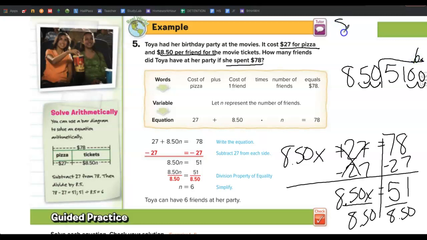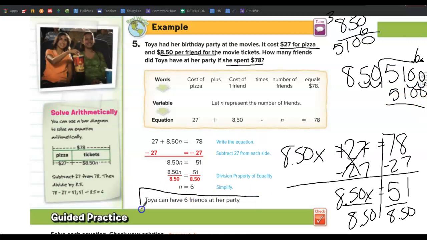So guess and check. 850 times 6. 6 times 0, 6 times 5, 6 times 8. 48 plus 3, 51. Perfect. It worked out. So how many people were at her party? So there were 6 friends at her party. You can't have half a person. Exactly. It would have to be perfect.